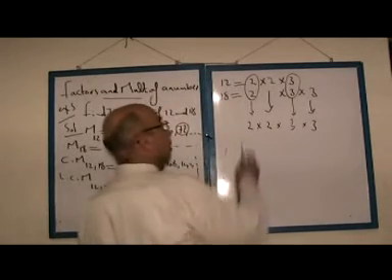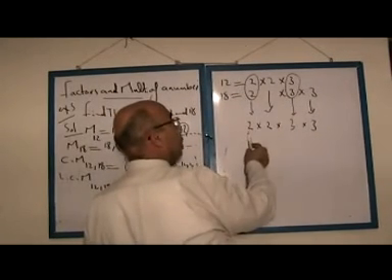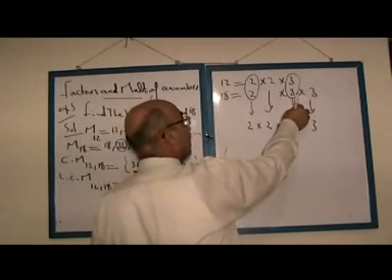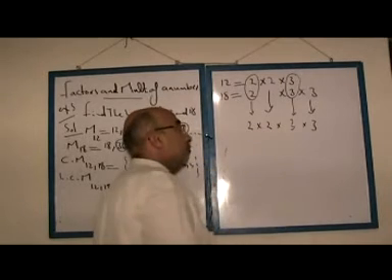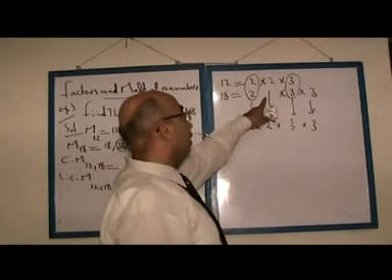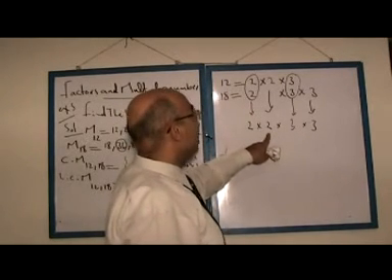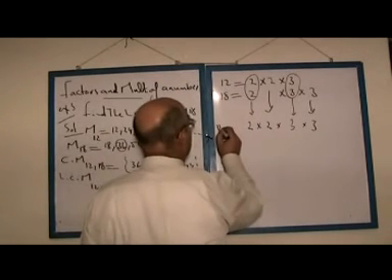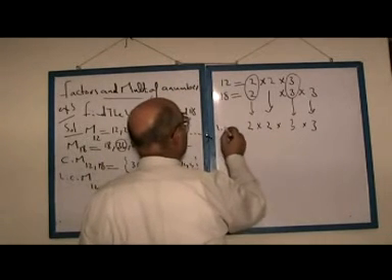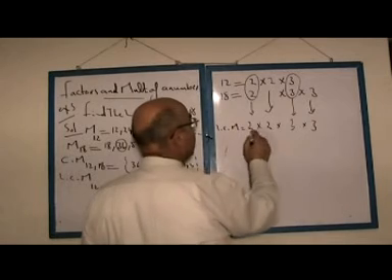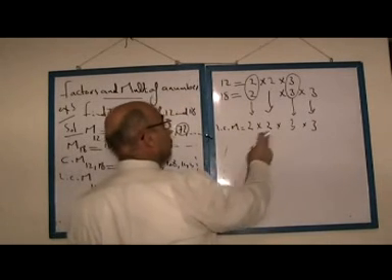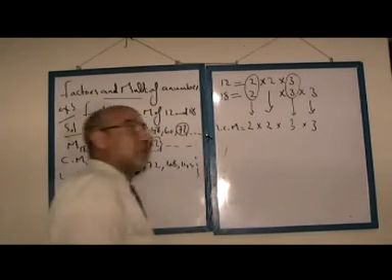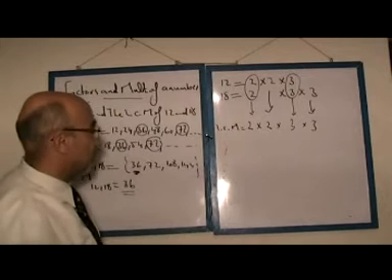From each pair of common factors, we take one, and even for those that are single, we take them as they are. So the lowest common multiple is the product of these numbers: 2 times 2 is 4, 4 times 3 is 12, 12 times 3 is 36.